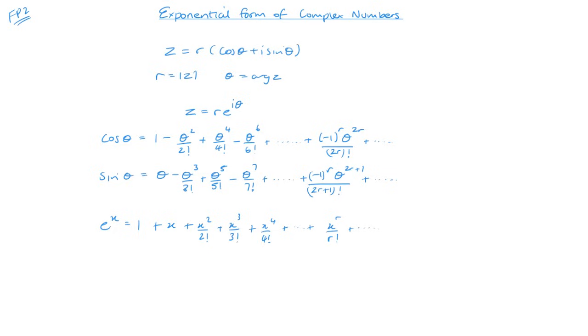So now let's look at what happens when I have e to the i theta. Okay, so e to the i theta is going to be 1 plus i theta plus i theta squared over 2 factorial plus i theta cubed over 3 factorial plus i theta to the power 4 over 4 factorial, and so on.